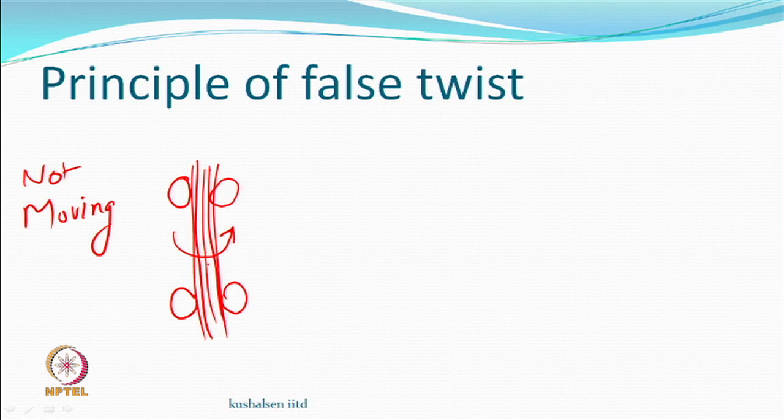We expect that on one side the twist will be, let us say, in one direction, on the other side the twist could be, let us say, first was S, the other will become Z, all right, S and Z. So, if we do the sum total of this, if it is absolutely the middle, the number of twists above the twisting point and the number of twists below the twisting point are going to be the same, one in plus direction, other in minus direction, and therefore, there is no twist, or a false twist.